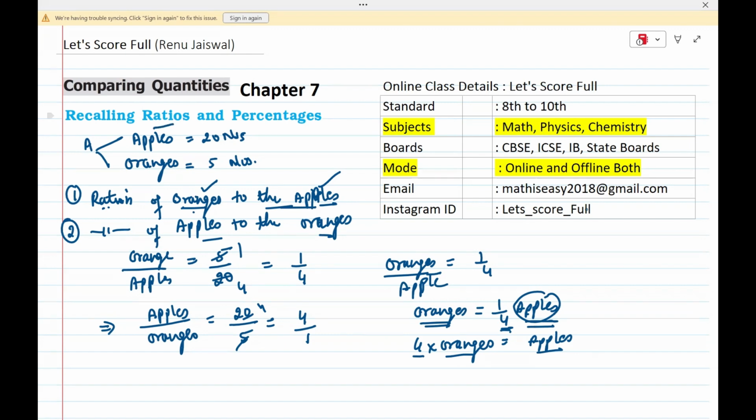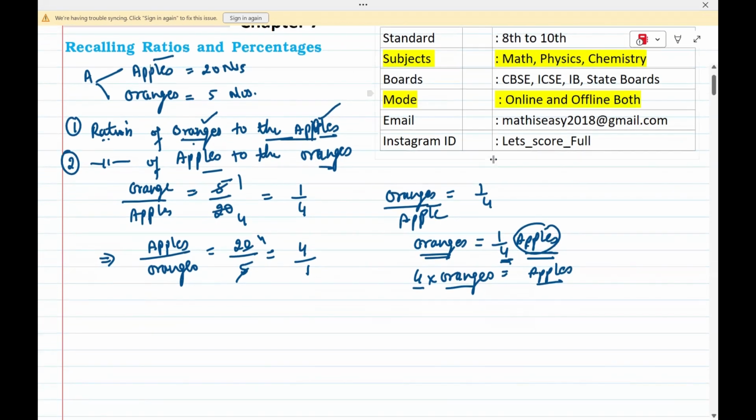That was about ratio. What are percentages? Suppose the question is: what is the percentage of apples out of total fruits?